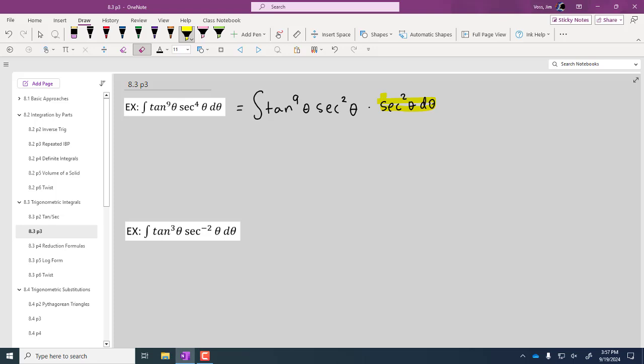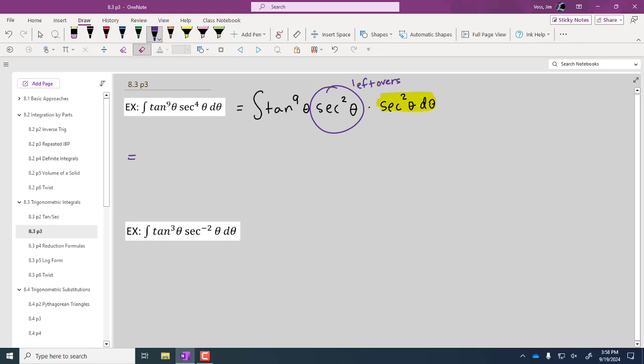Our target is to let u be tangent, because the derivative of tangent is secant squared. If we're going to let u be tangent, we need to convert these things that we've been calling leftovers to tangents.